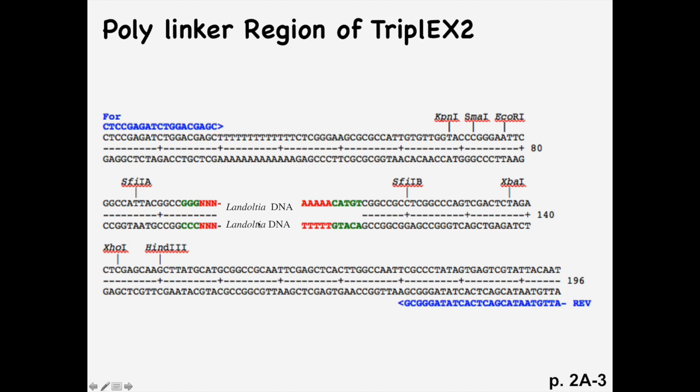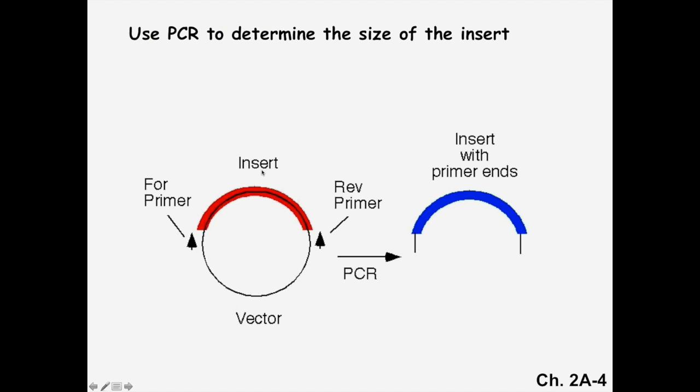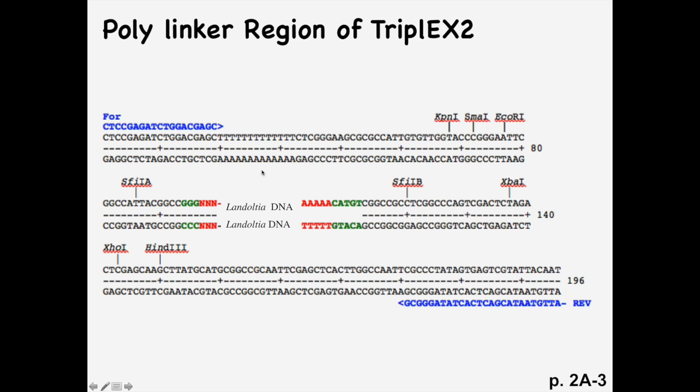So in this area, and I've changed it here to represent the Landoltia DNA, there's a polylinker region where the Landoltia DNA was added. This is the forward primer, and the reverse primer is down here. This is the area that we're going to amplify.